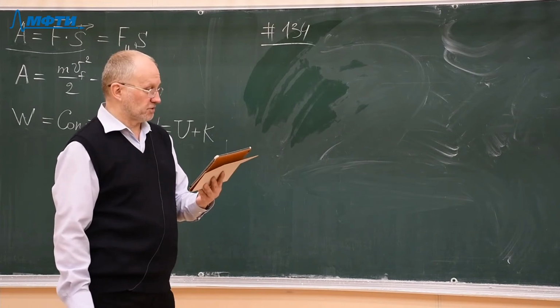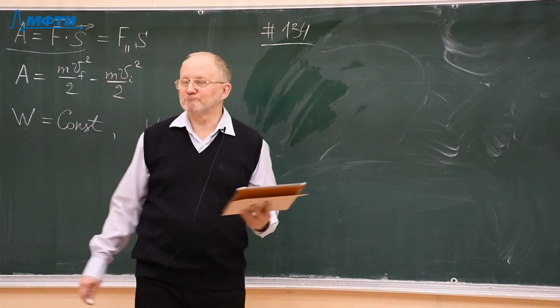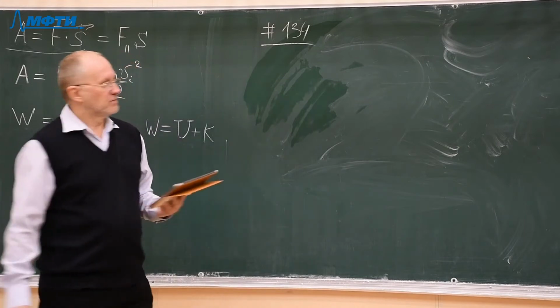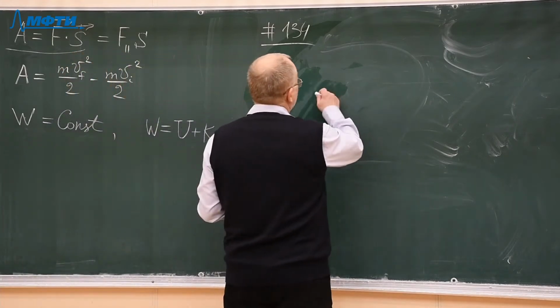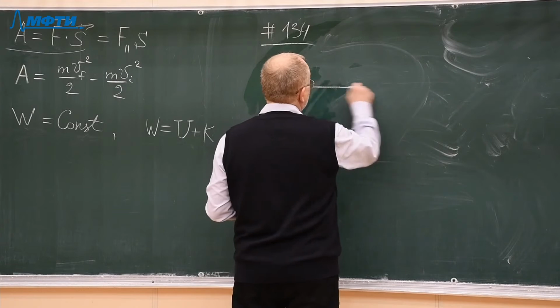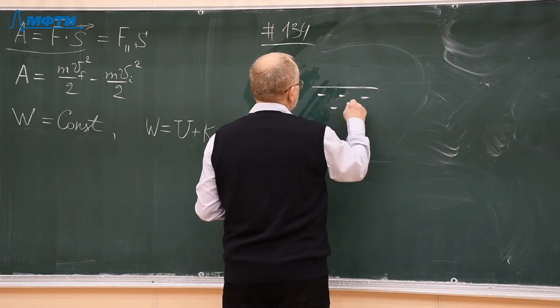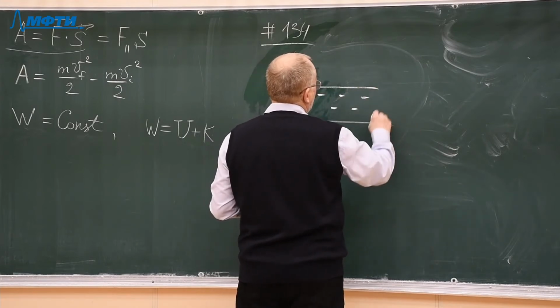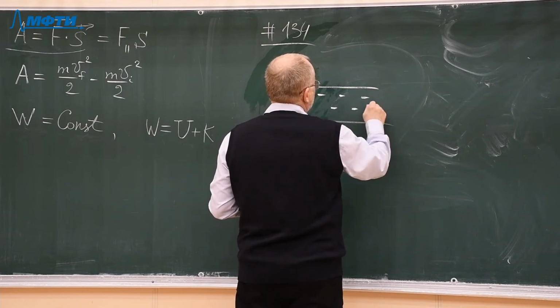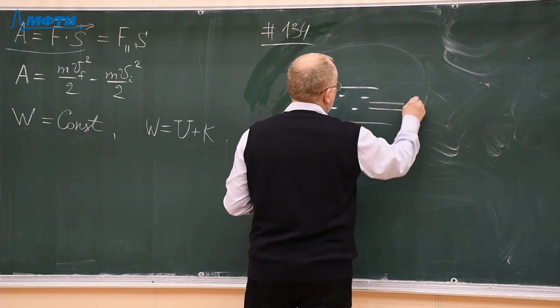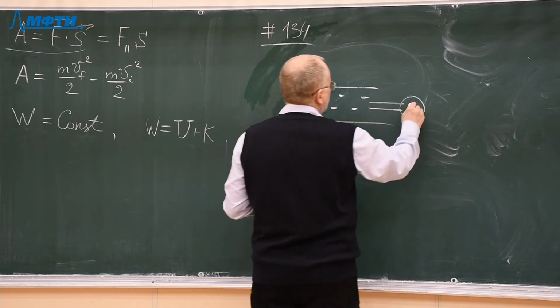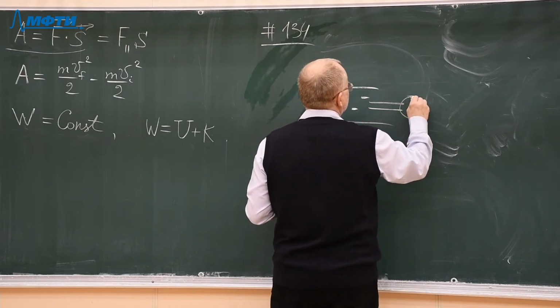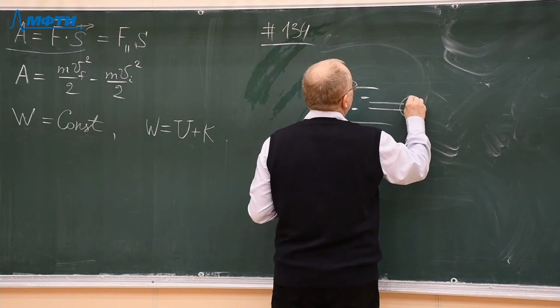Disregard friction. So we have a pump which pumps water. So we have a reservoir of water. There is some water in the reservoir. And there is a pipe and a pump. What do pumps usually do?